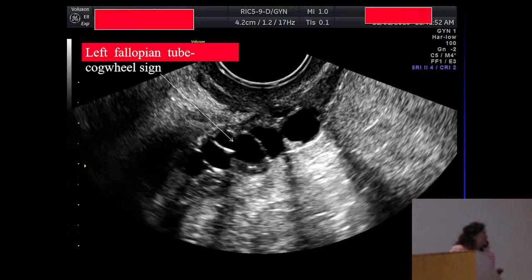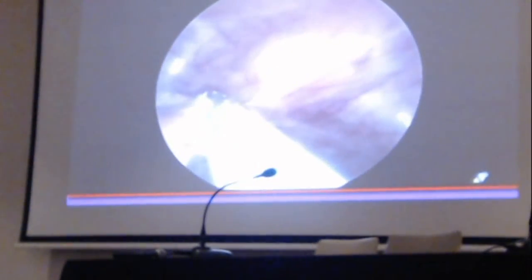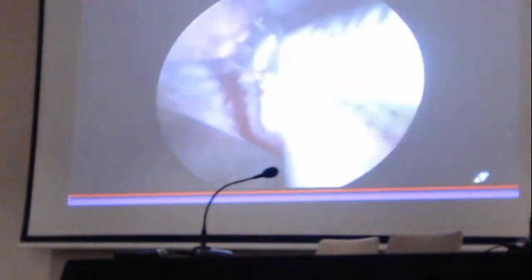Here's her MRI. So a rudimentary horn, if she's having pain and it's not connected to the cervix, we ended up resecting, doing a little hemihysterectomy and resecting the uterine horn because you can get an ectopic pregnancy. So it's recommended if you remove the horn, you should remove the tube on that side to reduce the ectopic pregnancy risk.